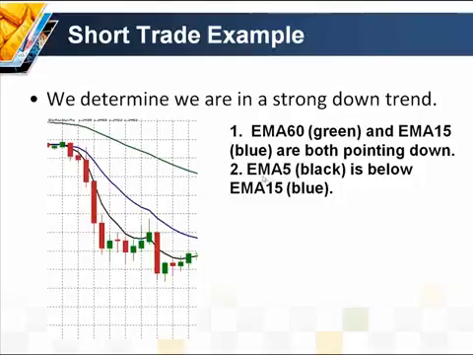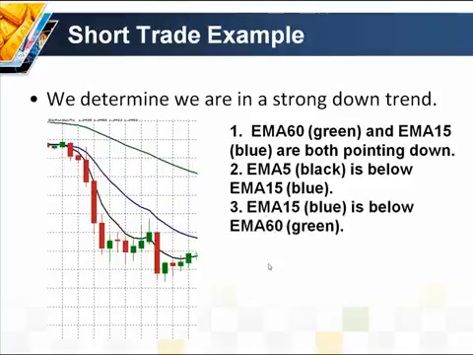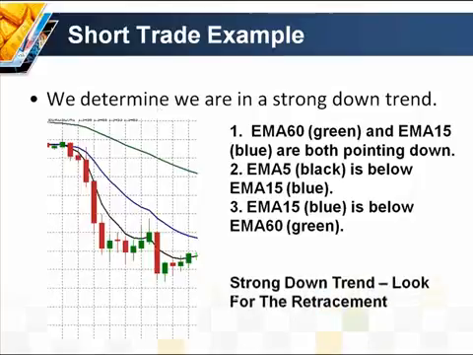The second criteria is that the EMA 5, which is our black line, is below the EMA 15. So looking here, the EMA 5 in this case is below the EMA 15. And finally, the EMA 15, the blue line, is below the EMA 60. And once those 3 criteria are met, we have established that we are in a strong downtrend.